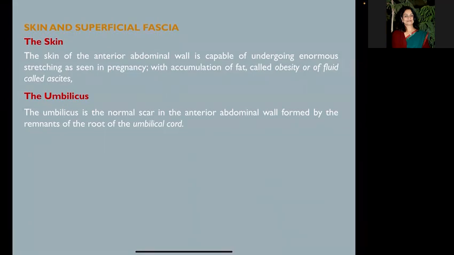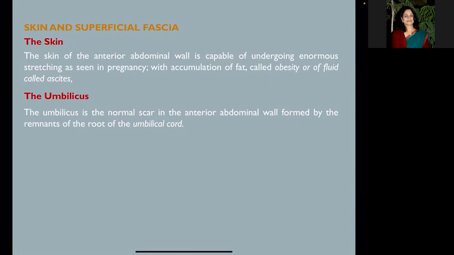Then, regarding the skin of the anterior abdominal wall, we know about Langer's lines. The Langer's lines in the abdomen are placed transversely, while in the extremities, they are placed vertically.